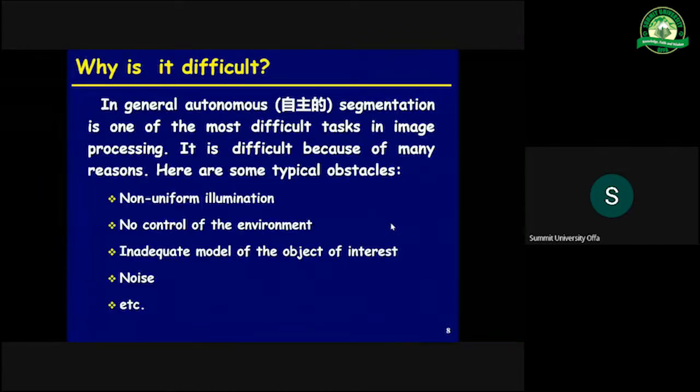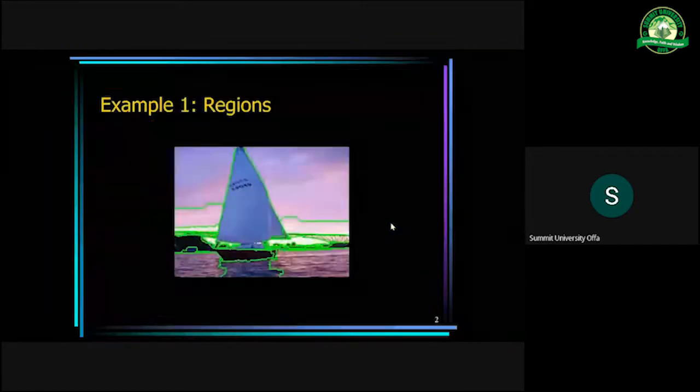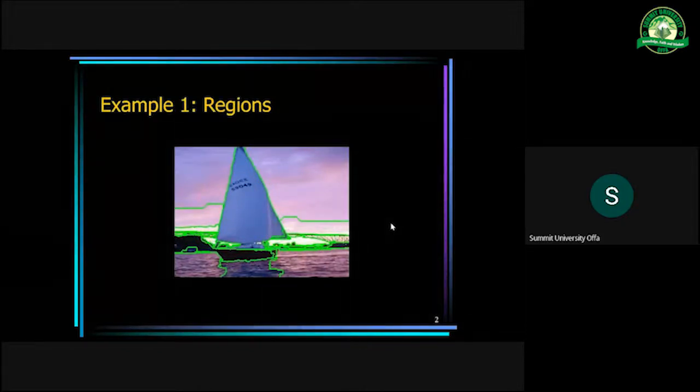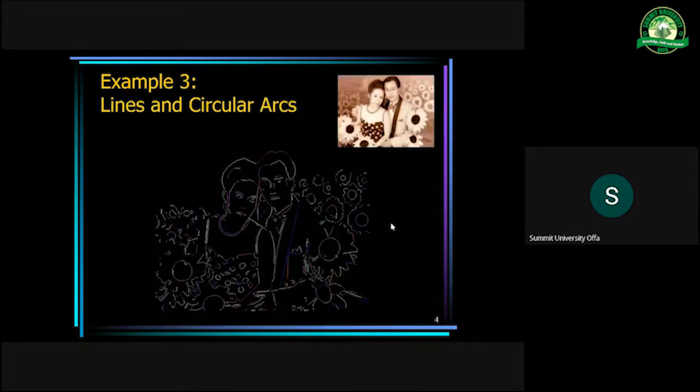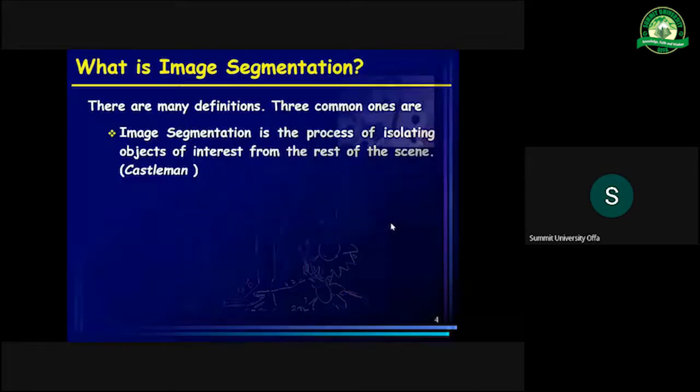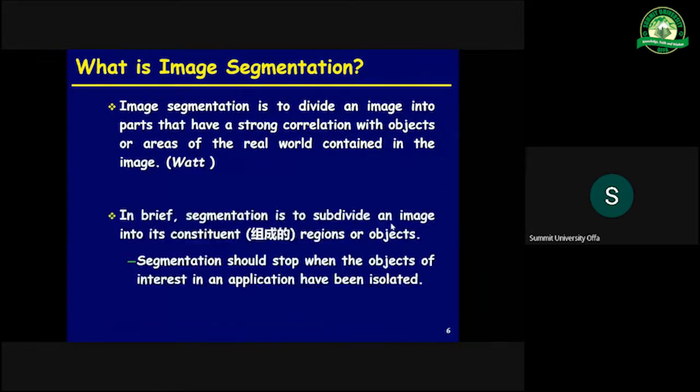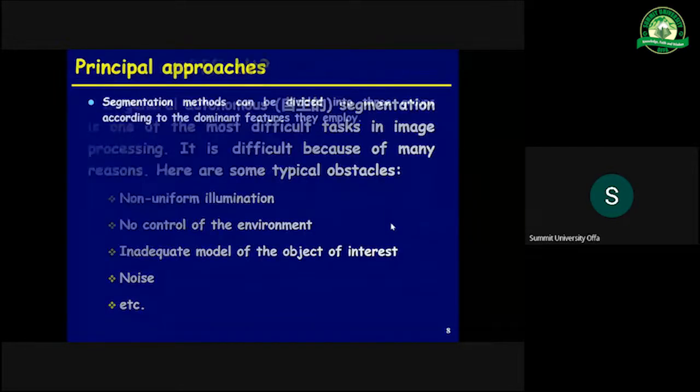This is a typical region-based example, where you have regions with similar properties. And then here we have straight line segmentation, and lines and circular arc segmentation.